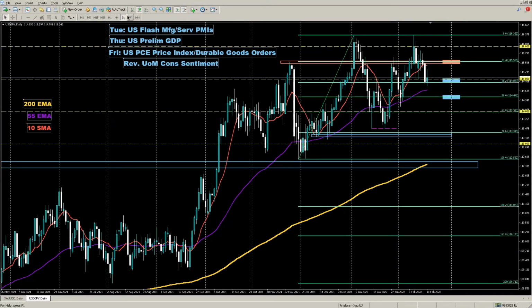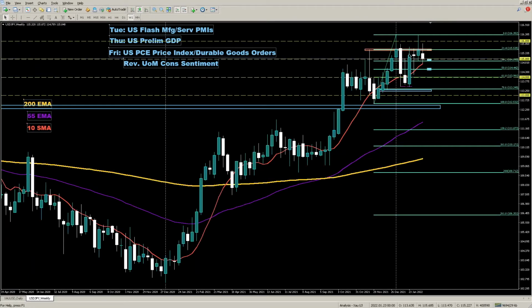So if we take a look at the weekly time frame, you can see it's slipping lower, just touching the 10 simple moving average. So it could continue to drift lower. That's why the 50-pip retracement could be the next support zone target.